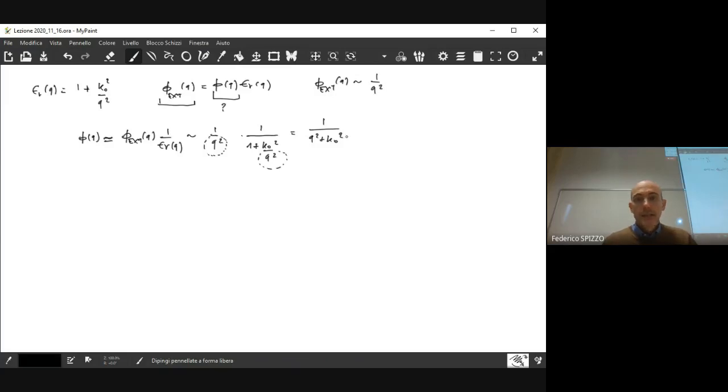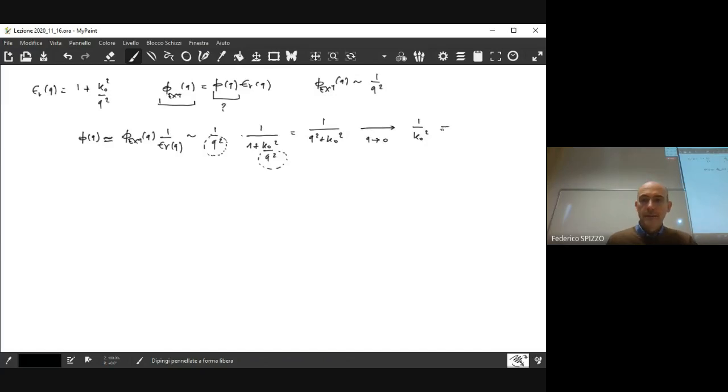What happens is that now we have a Fourier transform of the actual potential in the system that, if we consider the limit for q that goes to 0, gives 1 divided by k0 squared.